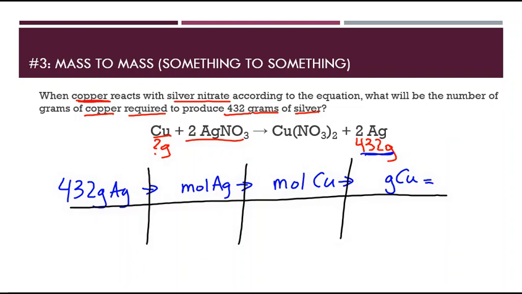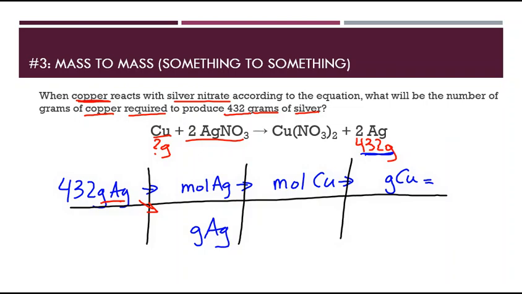And remember, we set these up so that we're basically multiplying equivalent fractions. We've got to get rid of our grams, so the grams of silver go down here diagonally to cancel. And we can easily go from grams of silver to moles of silver. It's a simple conversion, molar mass, using the periodic table.